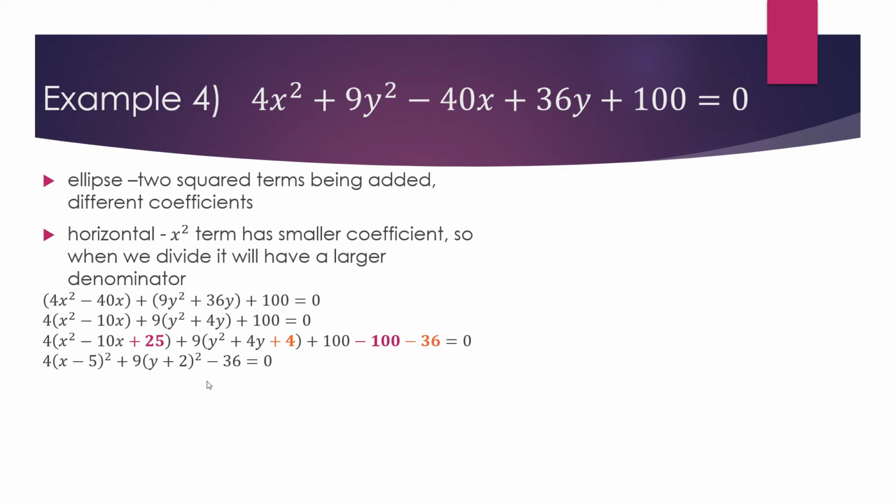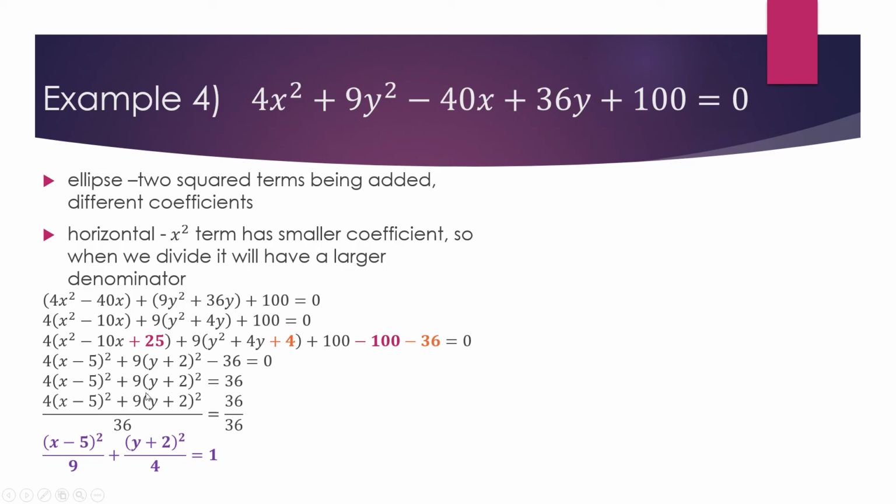You can add 36 to both sides now to get this is equal to positive 36, and then to get one side to equal 1, if you divide everything by 36, 4 is going to go into 36 9 times, 9 is going to go into 36 4 times, and 36 divided by 36 is 1. So our equation in standard form, the quantity x minus 5 squared over 9 plus the quantity y plus 2 squared over 4 is equal to 1.